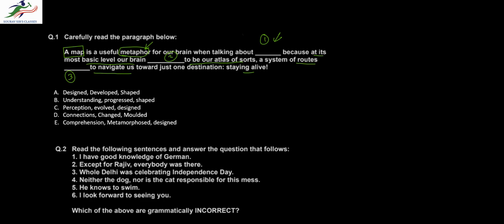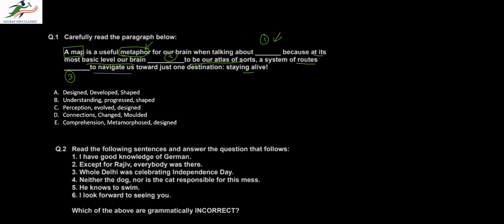Then I would have had a direct comparison, but I'm saying the world is a stage. So implicitly I'm saying that a stage is representing the world. Or when I say America is a melting pot, a melting pot is representing America, or we are implicitly comparing a melting pot with America. So there is an implicit comparison between two, and something is being used to represent something else. So this is the meaning of the word metaphor.